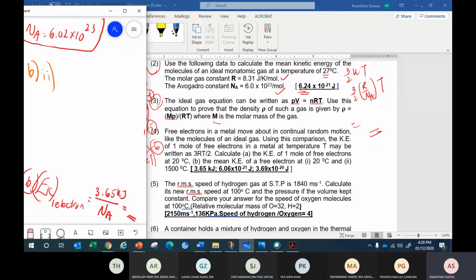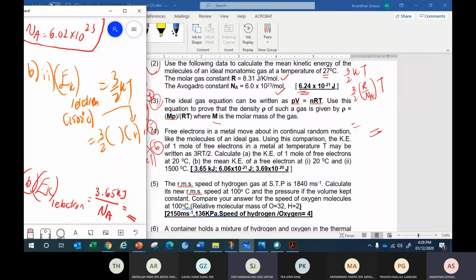B2, kinetic energy of 1 electron at 1500 degrees Celsius. So the formula must be 3 over 2 kT per particle. So 3 over 2, your k value, then the temperature, 1500 changed to Kelvin, put it here. Then you should get an answer, 3.69 times 10 to the power of negative 20.